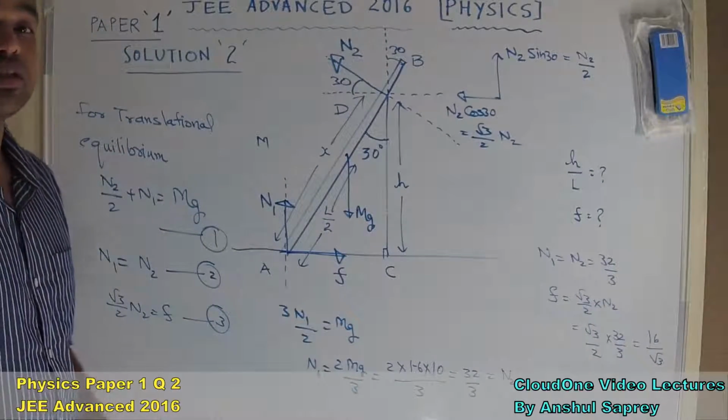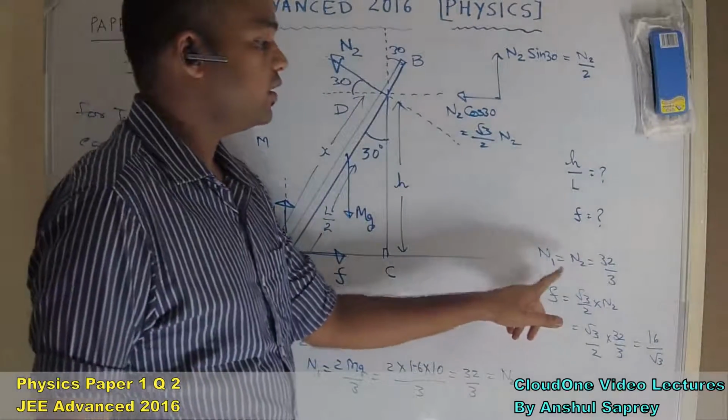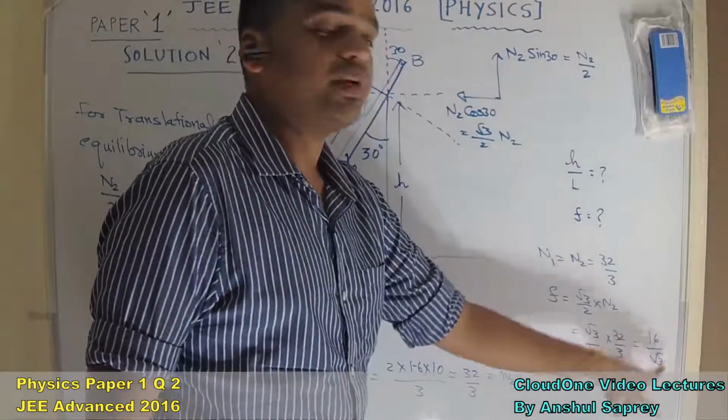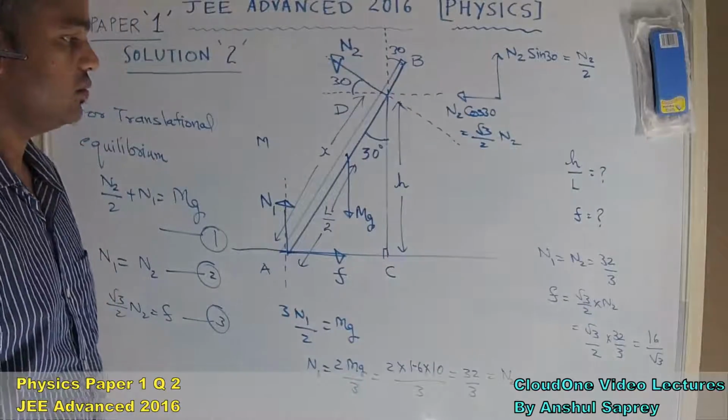So by solving these equations, we have found the values N1 and N2 both are equal to 32 by 3 and F is equal to 16 by root 3 Newton.